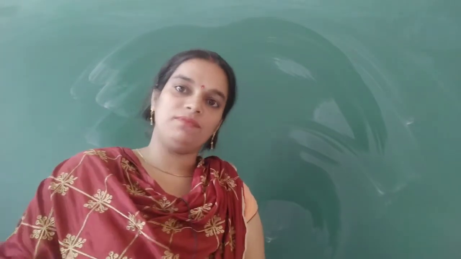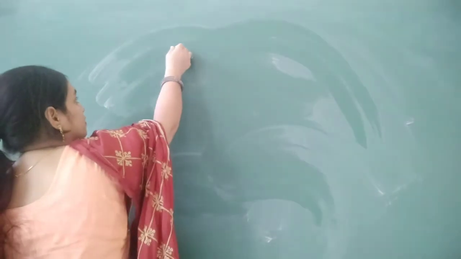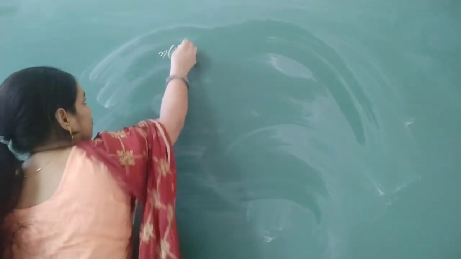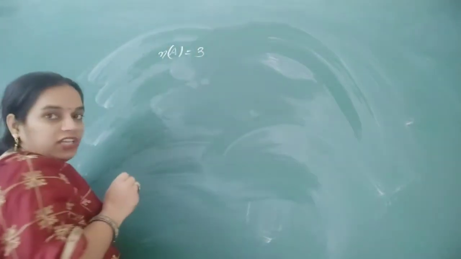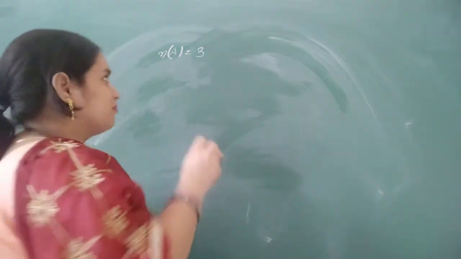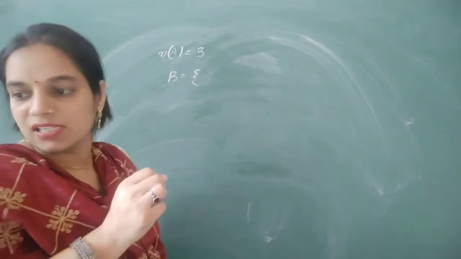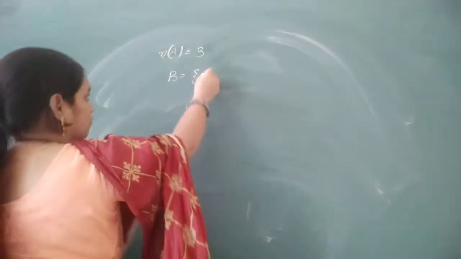The only thing given is that there are 3 elements. And in set B the elements are 3, 4 and 5, so we can easily count them. In this form we will write: set A has 3 elements, and set B has elements 3, 4 and 5.